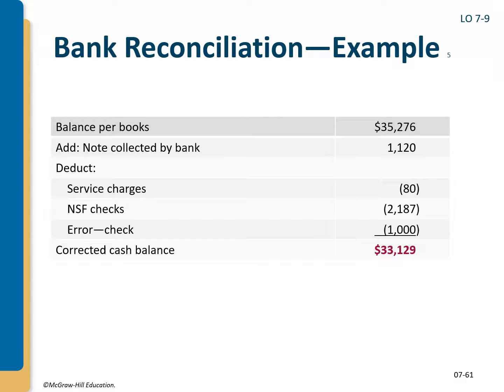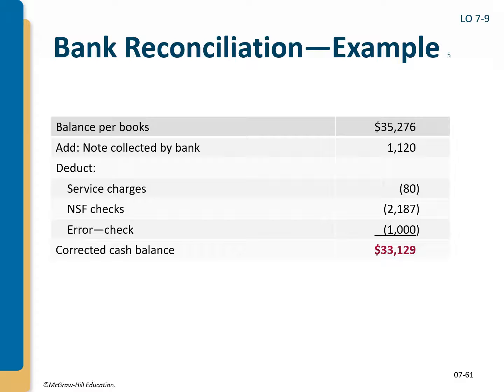There's step one. Here's step two. What's the balance in our checkbook general ledger account? $35,276. Okay, anything missing there? Yeah. There was a note collected by the bank. The assumption is we did not record that yet. Well, it should have been recorded, added in. The service charges.